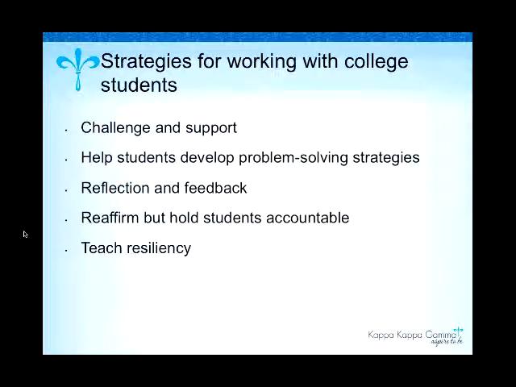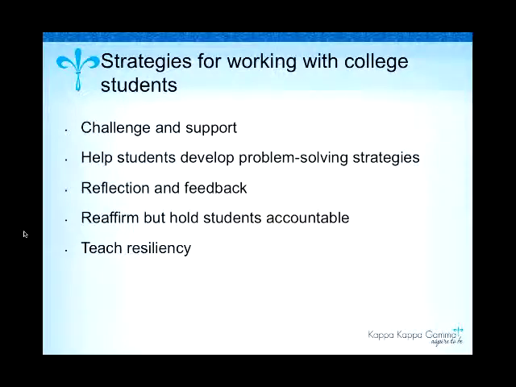Another strategy for advisors working with college students would be reflection and feedback. I know we all have worked with students in situations where maybe they get to the end of a situation or dealing with a problem, and maybe they look back and say, gosh, I wish I hadn't done it the way I did it, or I wish I had done this instead of that. And so that is a very important process to walk through with those women that you advise.